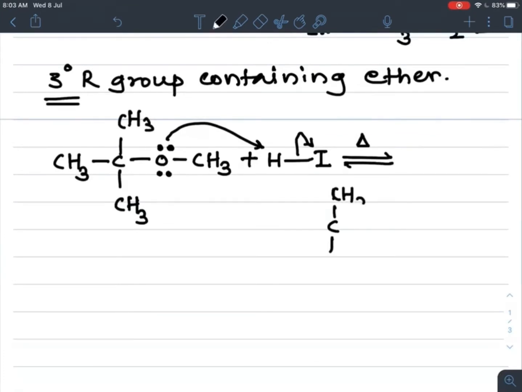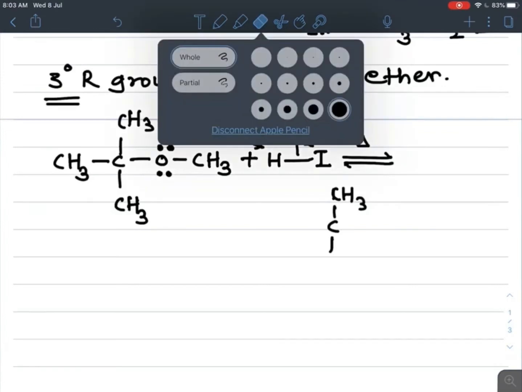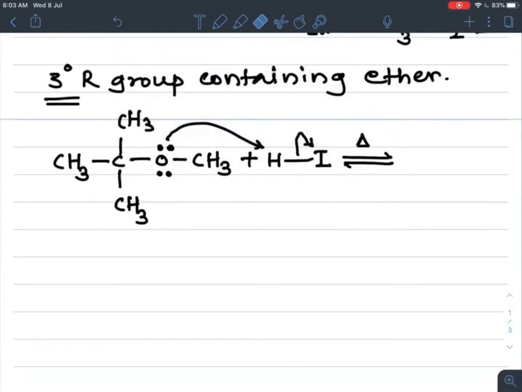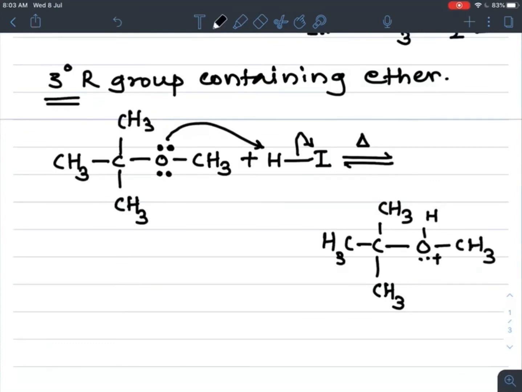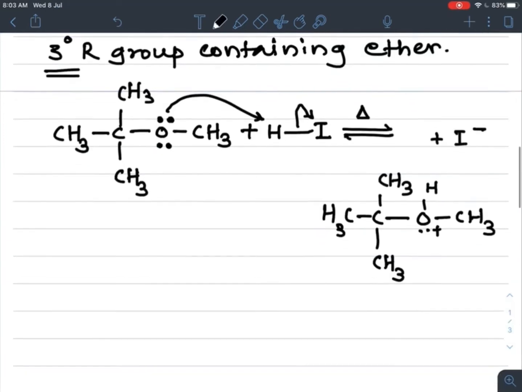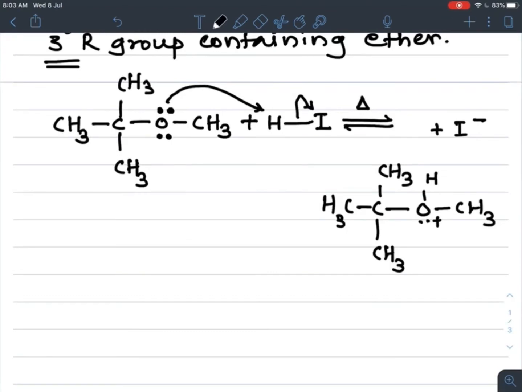So here is CH3, this CH3 as it is, and oxygen is bonded with hydrogen and acquires a positive charge. Here CH3 as it is, and I minus is formed, which is the byproduct, plus I minus.